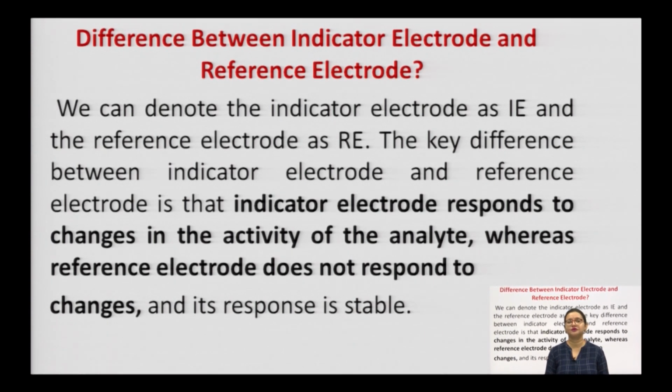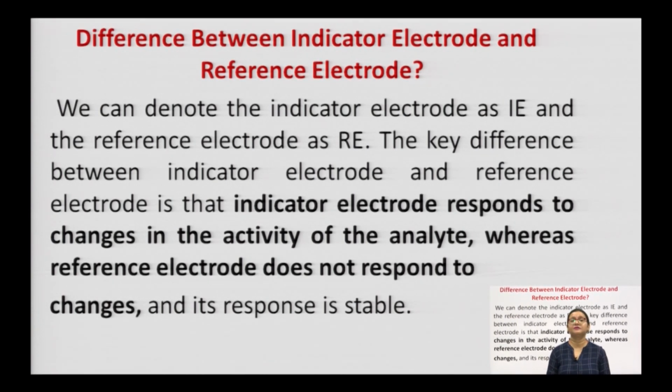The indicator electrode responds very well to the changes in the concentration of analyte, to whatever activity takes place inside the solution in between the test solution, analyte or the electrode.